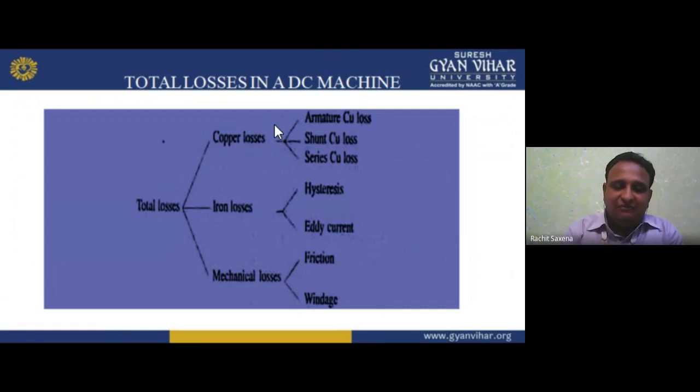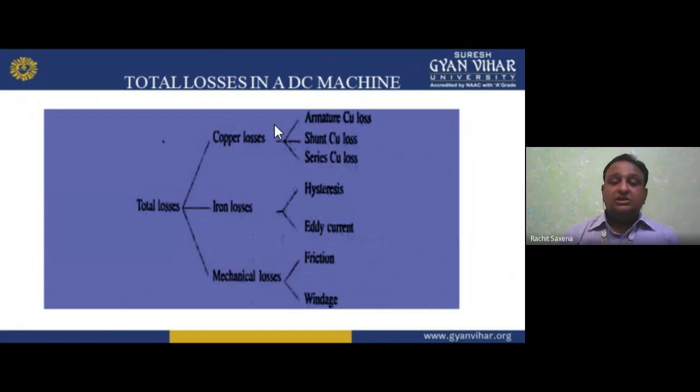In ancient times we used iron, but nowadays we use steel sheets. We can also call this iron loss core loss, because it takes place in the magnetic core. So the iron loss is categorized into 3 names: magnetic loss, core loss, and iron loss.